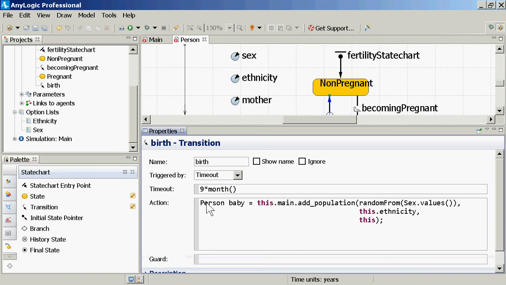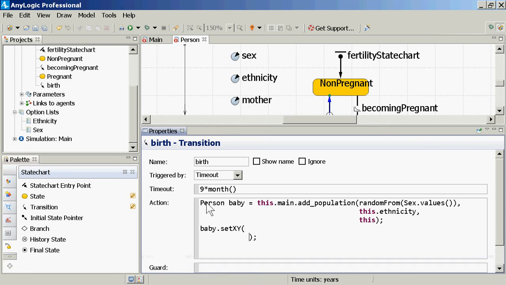We're going to give a nice convenience name to the population member who's been created. And now we can set their properties. And the most important property we're going to set is their location. So here, baby dot set xy, and we're going to set its location to be very close to the mother. Ladies and gentlemen, how do we do that? What's the mother's location? Well, if we want to get their x location, we can get it through getX.